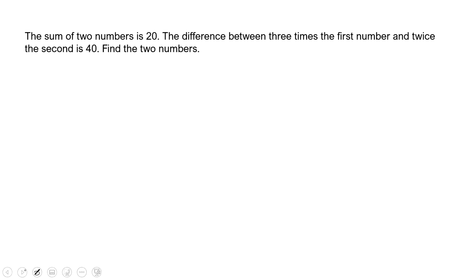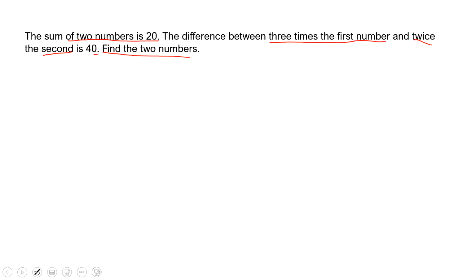Okay. So here's what I'm actually going to do this one with you too, because it's a little bit different. I have some of these on the stuff we work on, but I want to show you what we're going to do with these. Here we're looking at numbers. We're trying to find the two numbers. They told us the sum of two numbers is 20. The difference between 3 times the first number and twice the second number is 40.